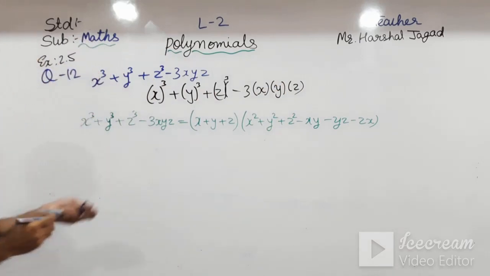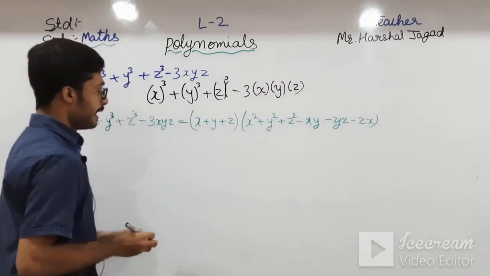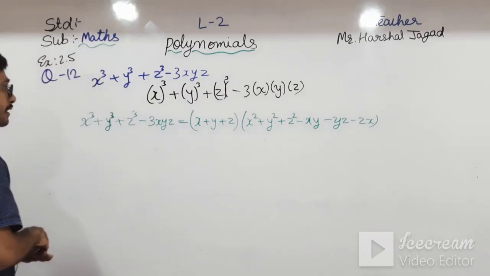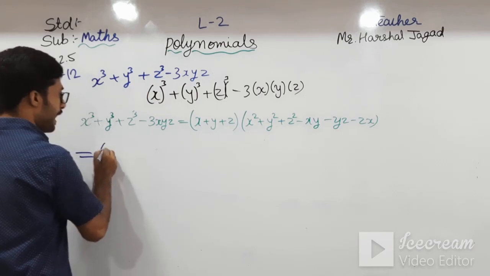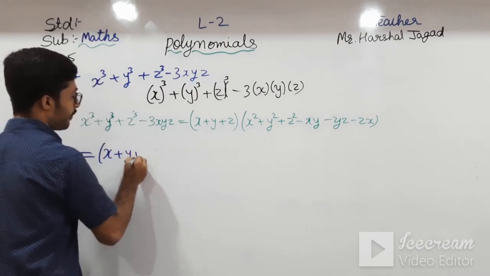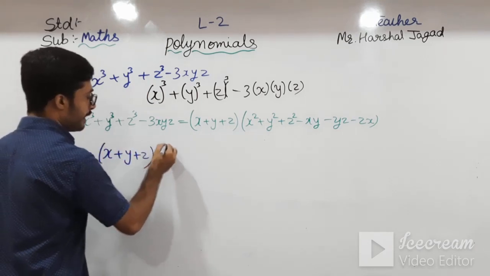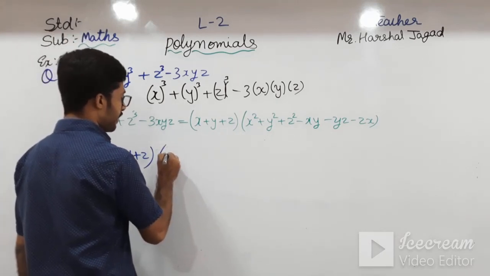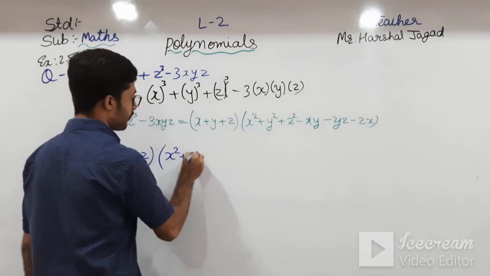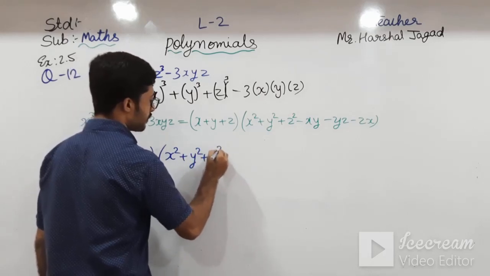Okay students, we get the values of x, y and z. Now we will put this in equation. Let us put that values. So here x value is x, only x plus y plus z. We get that. Now x square plus y square plus z square.